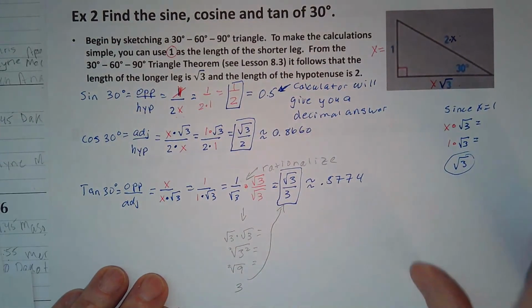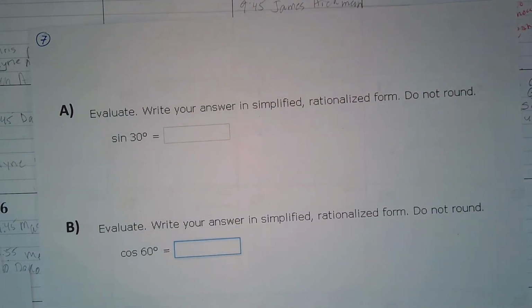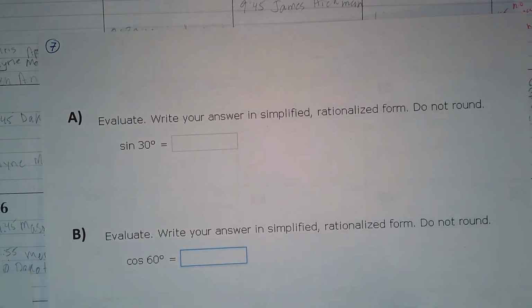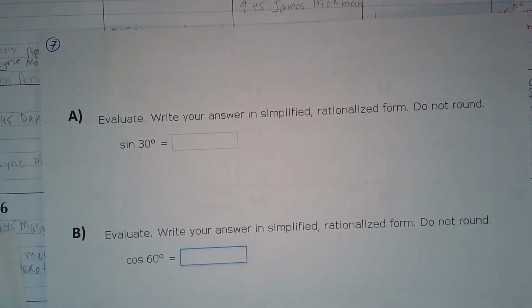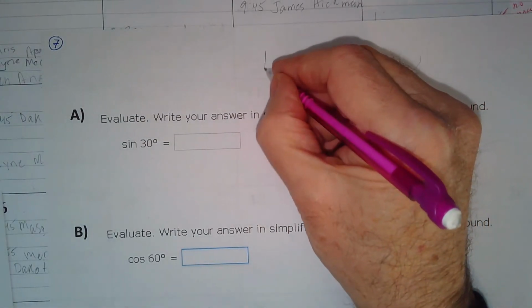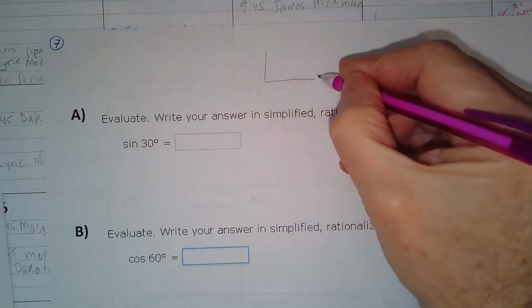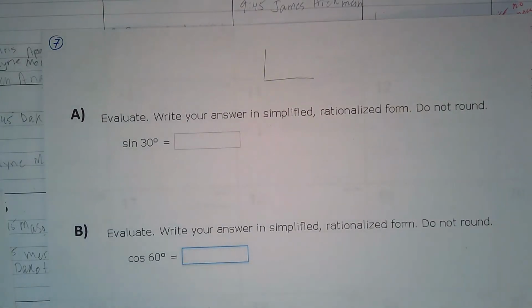And so now let's just use these for two more IXL style problems. So again, this first one's sort of a repeater of the previous example. It's just showing you the way you would look at it. But let me sketch again a 30-60-90 degree right triangle up here at the top.